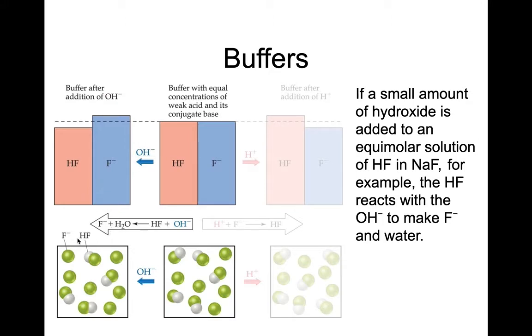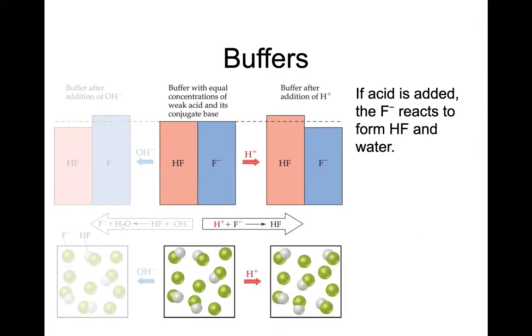And so we don't see as big of a pH change as we might have without the buffer solution. Same thought process for when the acid is added. If an acid is added, some of the hydrogen ions react with the conjugate base, the fluoride ion, to make more hydrofluoric acid compound. And so again, we don't see as big of a pH change because we have just made more compound.